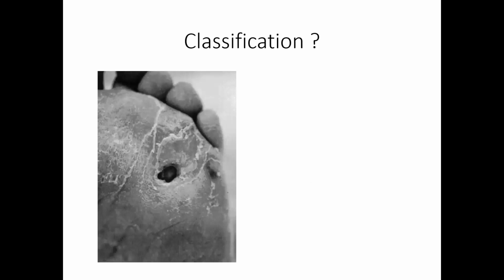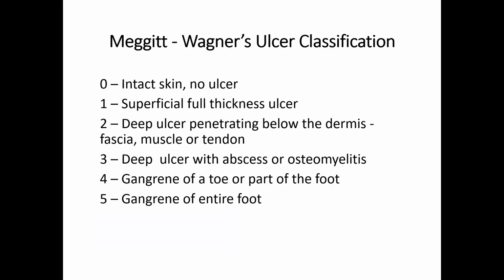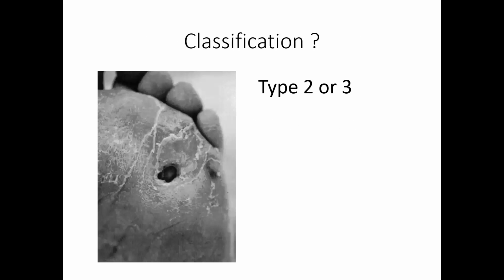Now let's begin some exercising or brainstorming. Which class of ulcer would it be? I mean, you can see at least it is muscle or tendon deep, right? So according to this classification, it is class 2, I suppose, 2 or 3.